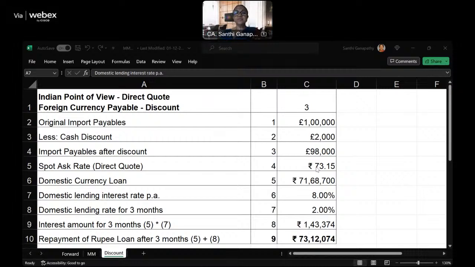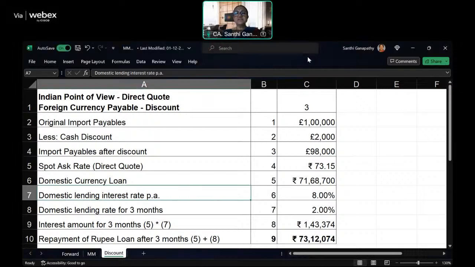What do we know now? We are looking at money market hedge. We have discussed forward hedge. We have discussed money market hedge. What do we know about a money market hedge? If you have a foreign currency receivable, that is a foreign currency asset. You have to create a foreign currency liability, which means you will take a foreign currency loan.